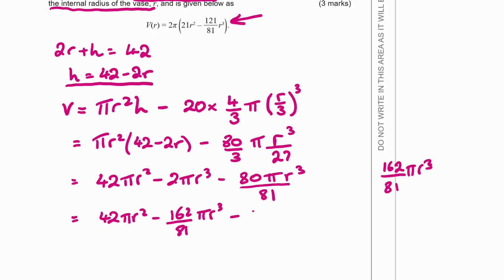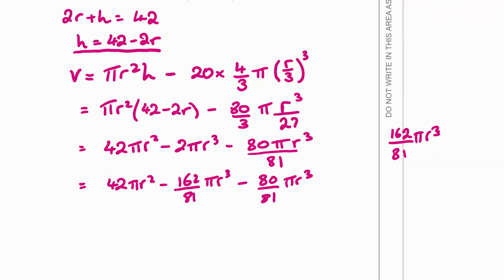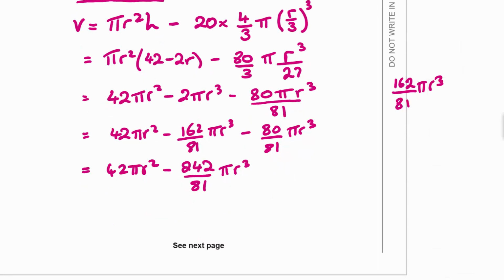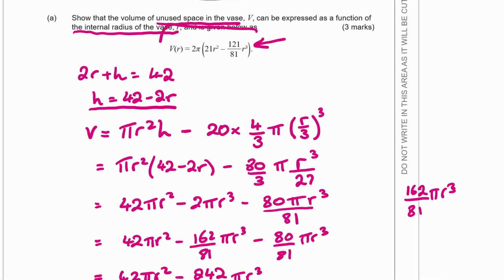Take away 80 over 81 pi r cubed, which gives me 42 pi r squared, take away 242 over 81 pi r cubed. Now if we take 2 pi out of there and open a bracket, we've then got 21 r squared, take away 121 over 81 r cubed as required. We can see that just here.